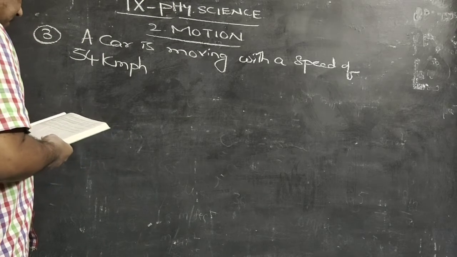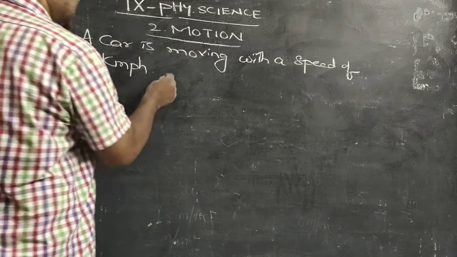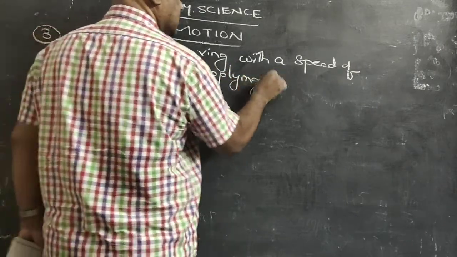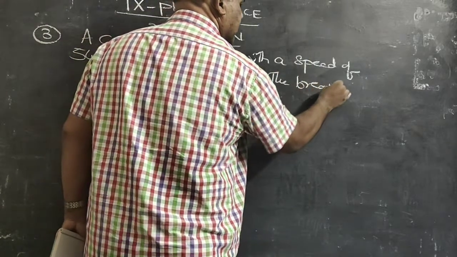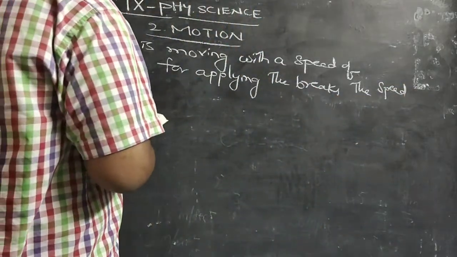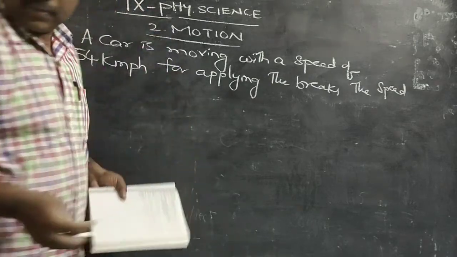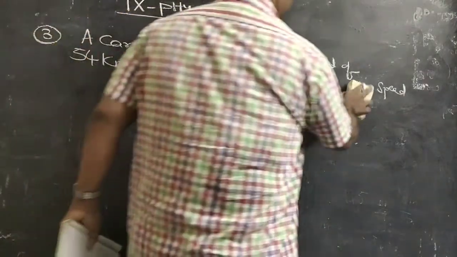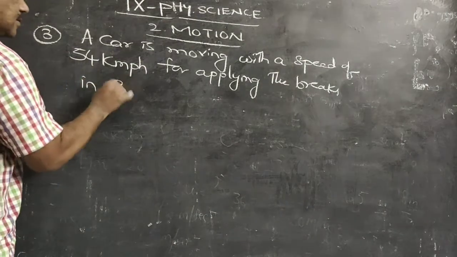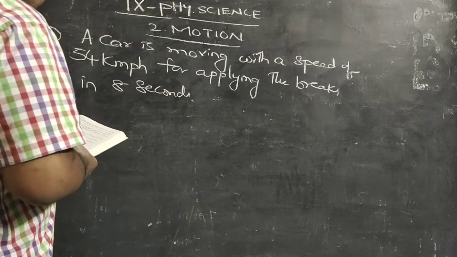For applying the brakes, the speed comes to zero in 8 seconds. Calculate the acceleration produced.